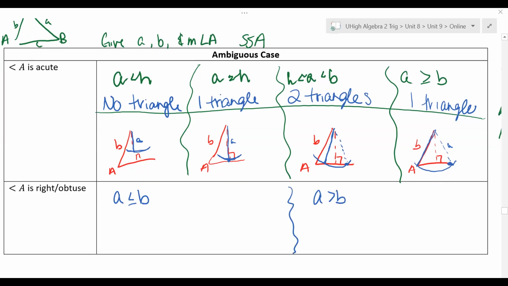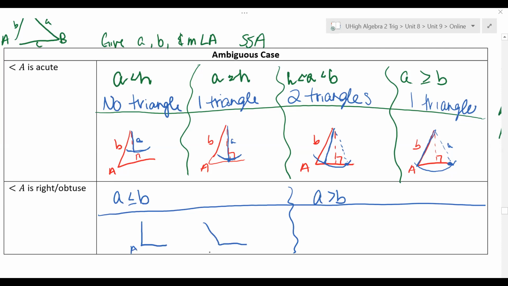So let's take a look at these two options. This is for right and obtuse triangles. I'm going to draw both just so that we can see how it looks on each. But whatever outcome we determine is going to be true for both of them.